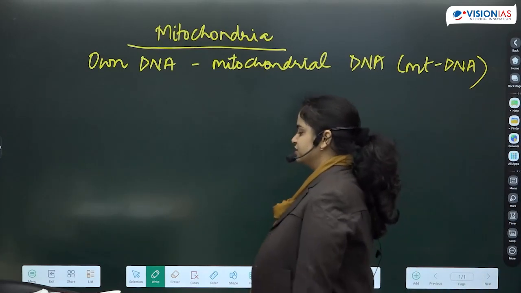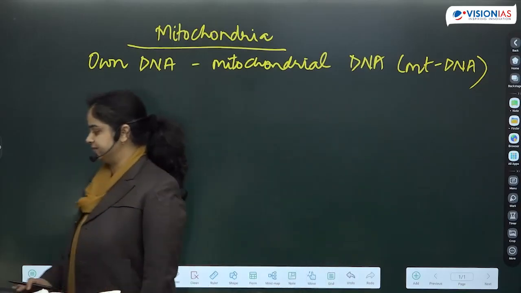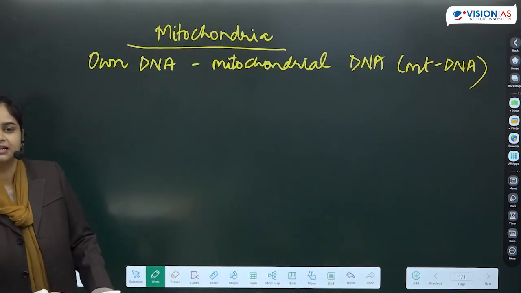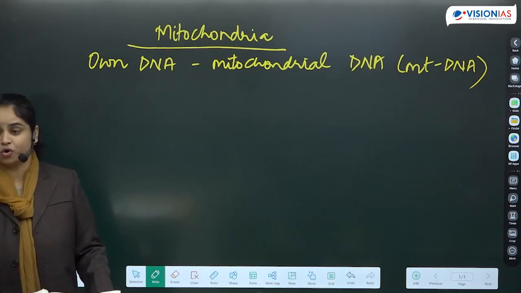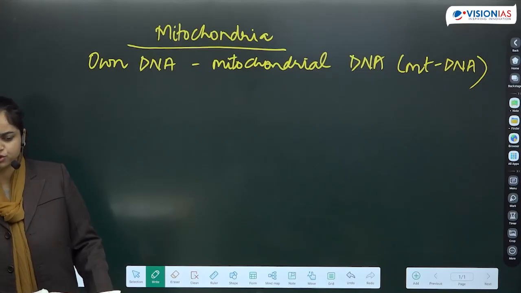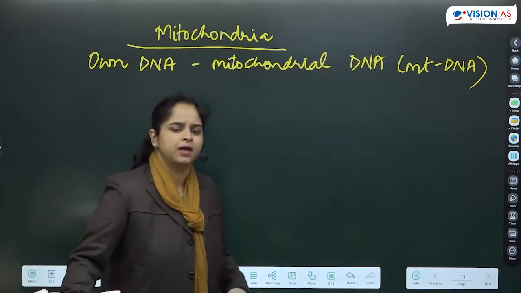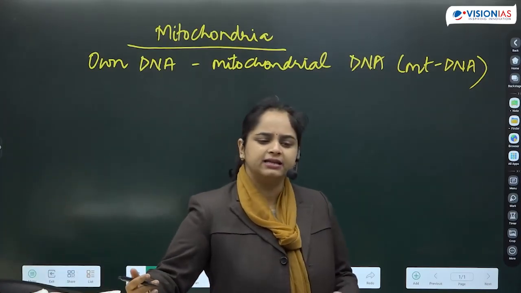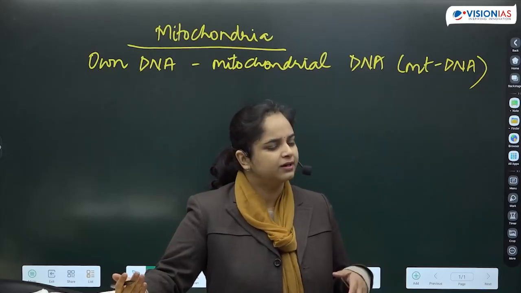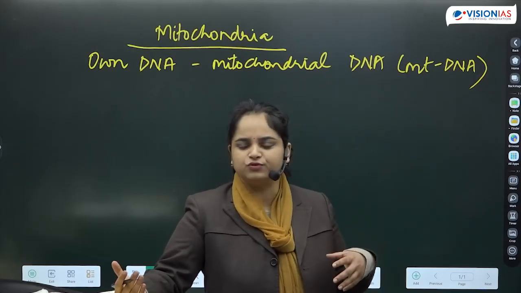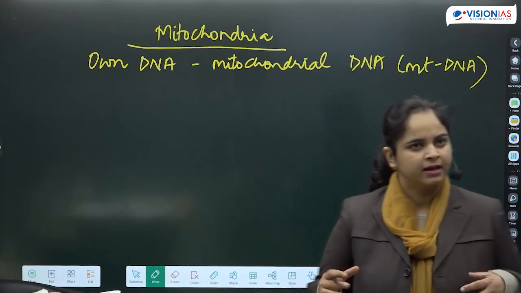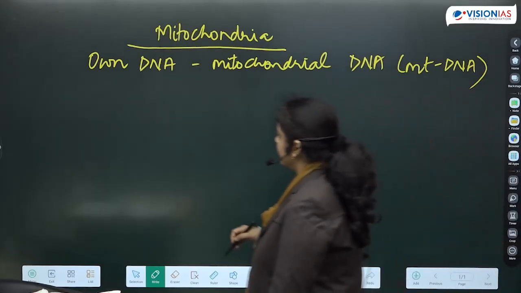Now the special point of this DNA is that this DNA is inherited only from the mother. जो डीएनए हमारे न्यूक्लियस में है, for that we have been saying that both the parents contribute equally, half genetic material comes from mother, half from father. यहाँ पे ऐसा कुछ नहीं है.